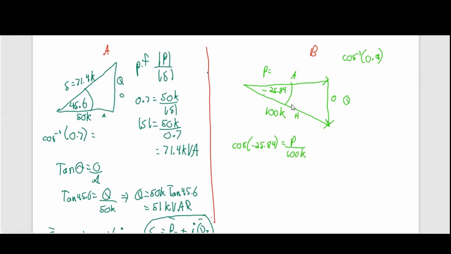Fling that across, so P is equal to 100K times cos of minus 25.84. So 100, 1, 2, 3, times cos of minus 25.84. All right, let's delete this.